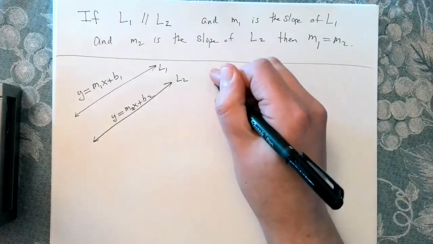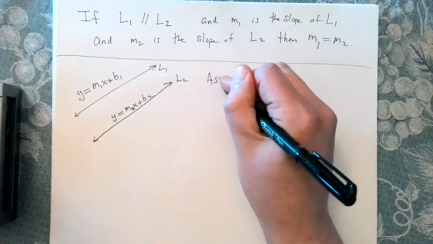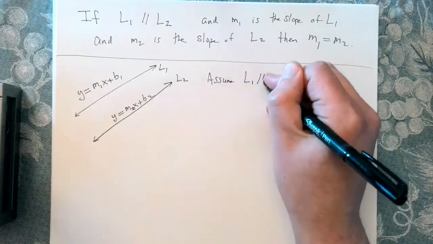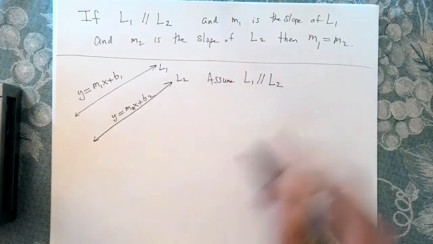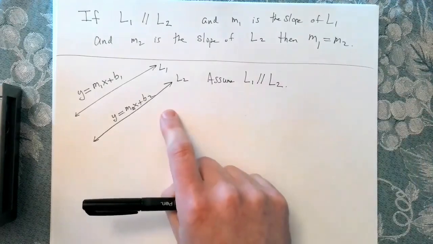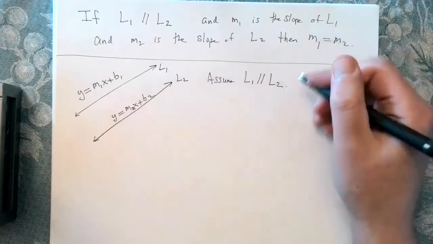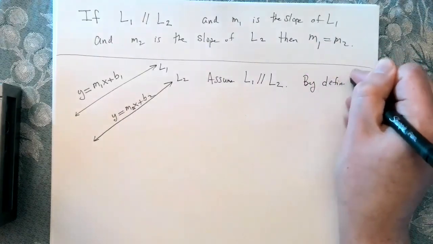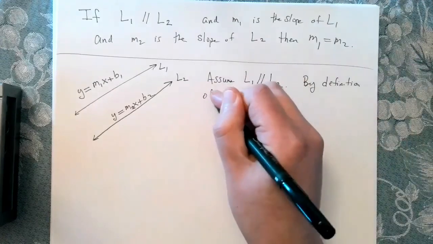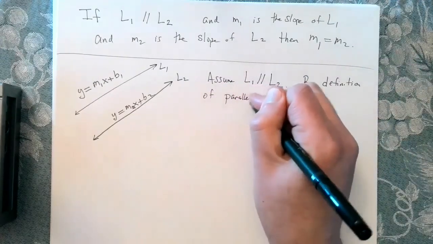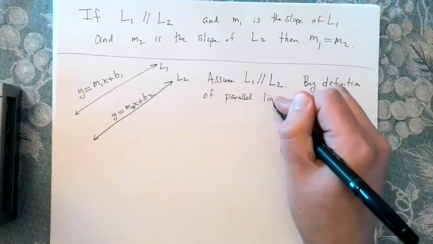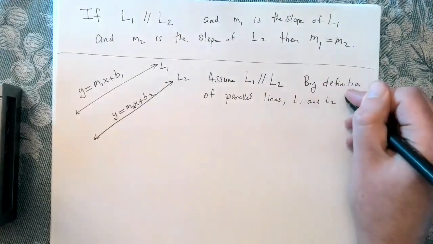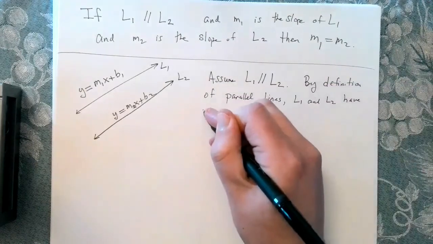For this proof, let's assume that L1 is parallel to L2. Well, by definition of parallel lines, L1 and L2 have no points in common.